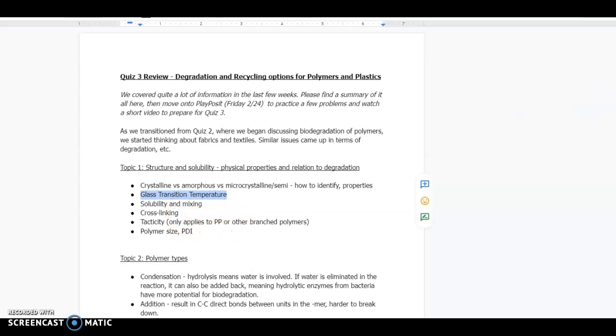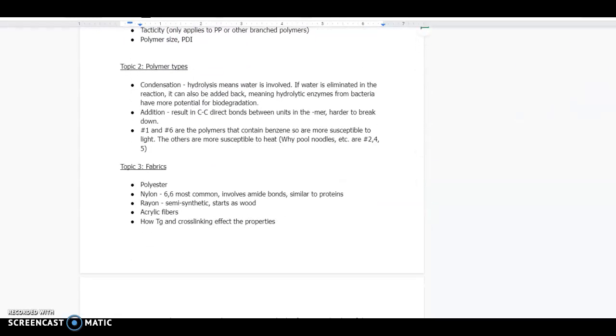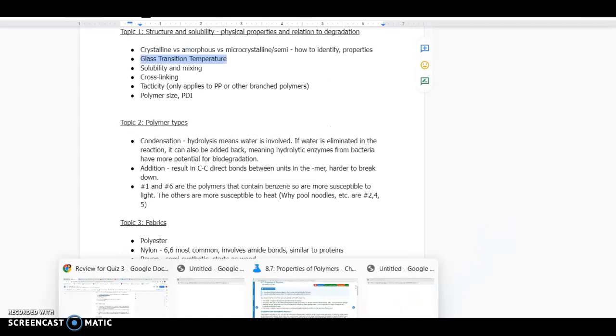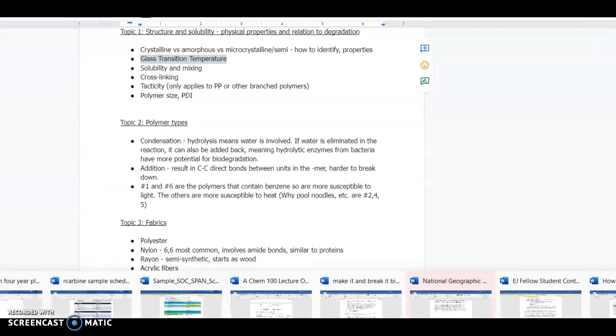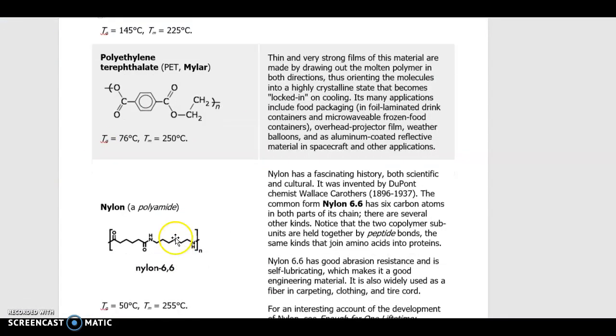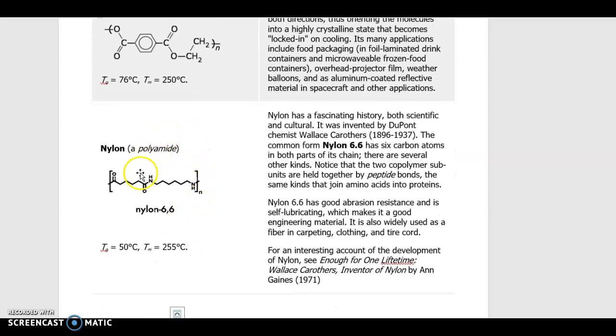When we talked about cross-linking in nylon, for example, what we really discussed was the way that they organize. In nylon, we specifically talked about the fact that there were these O's here, one down, one up, and then there's these nitrogens with hydrogens here.